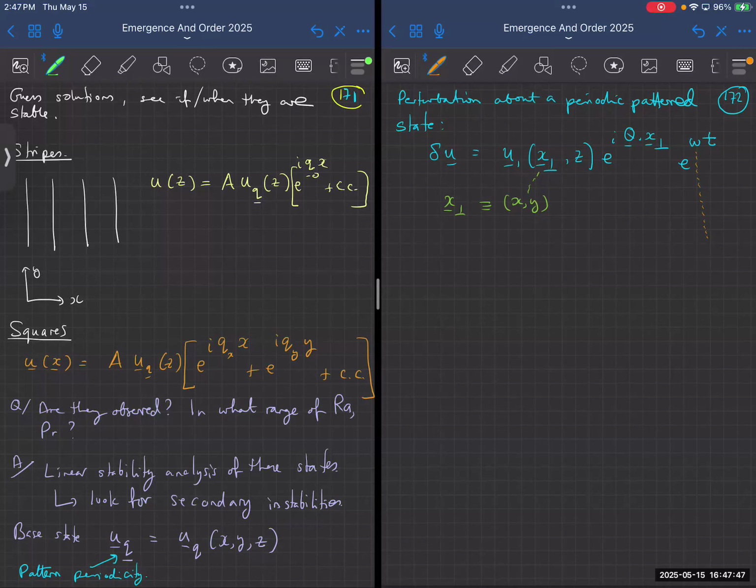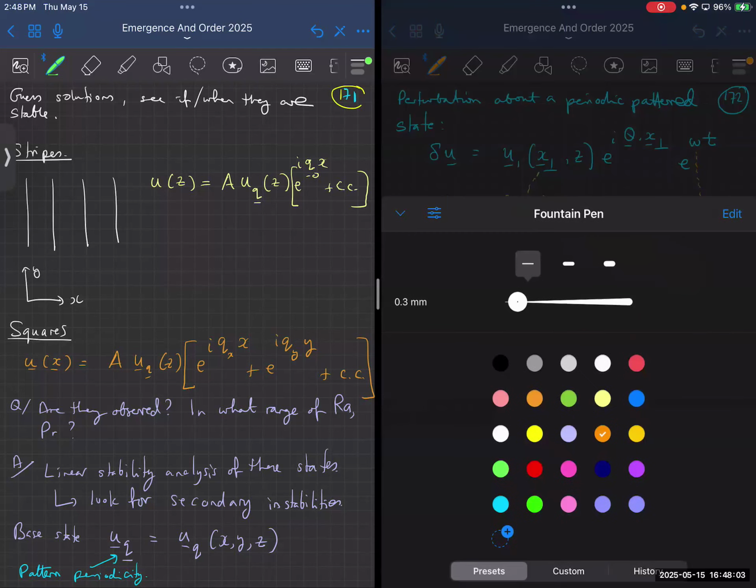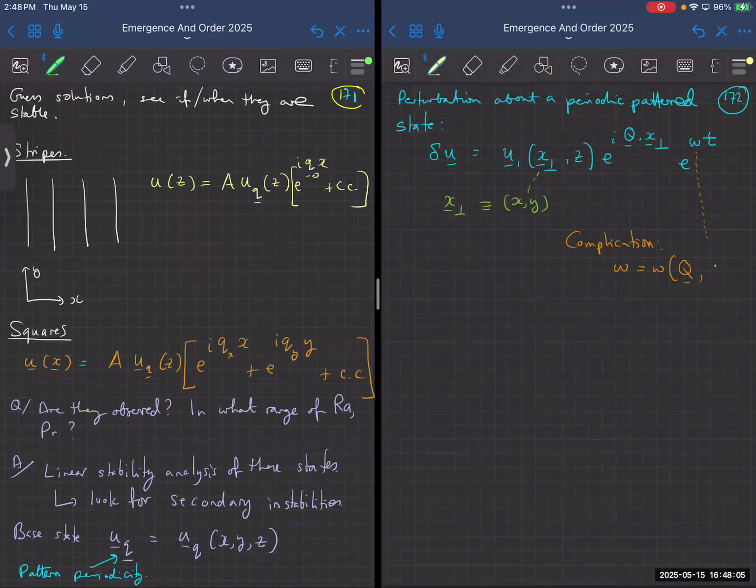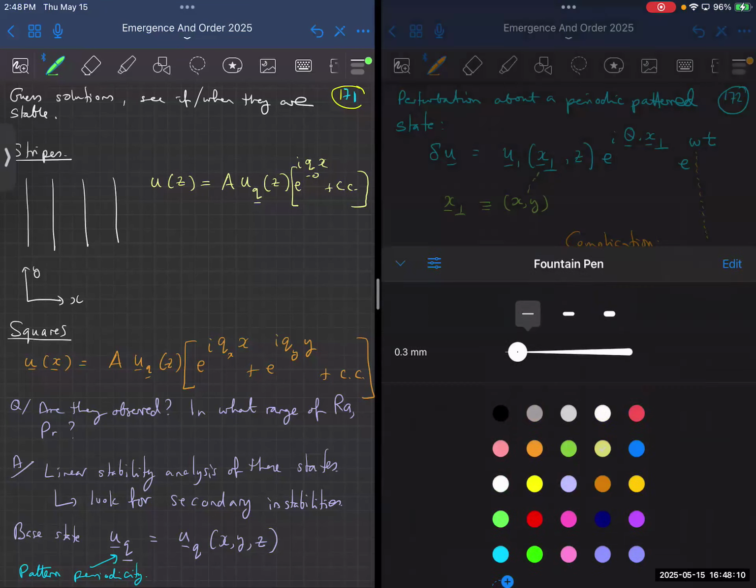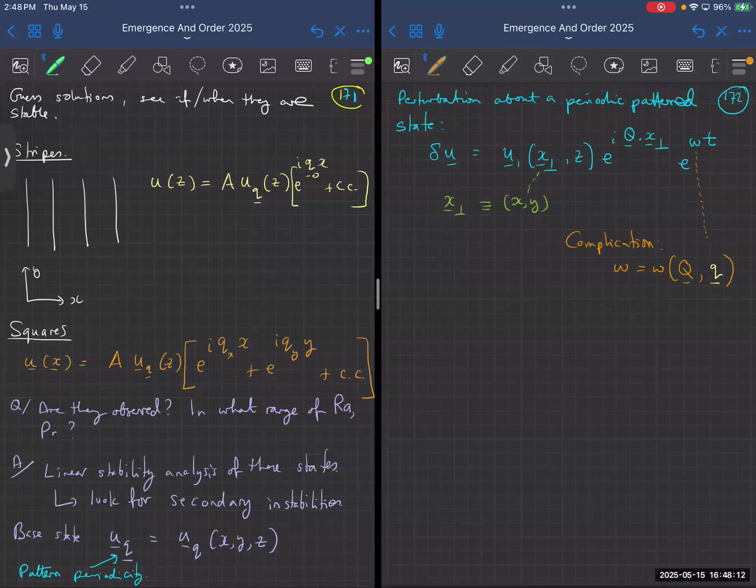So the complication is that omega indeed depends on the perturbation q, but it also depends on the pattern Q, like so. And that's why this becomes complicated.